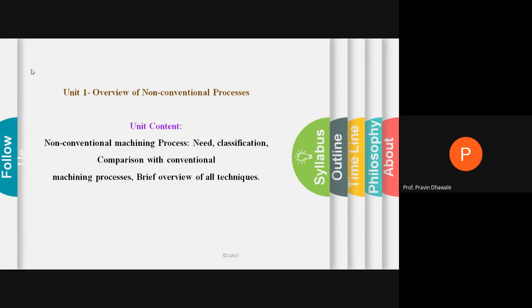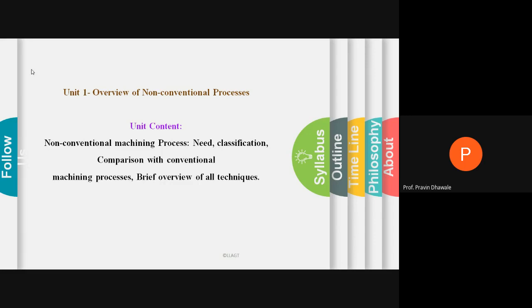Electrochemical machining, right? You might have studied the electrolysis process in 12th or in a previous subject like physics, whatever it may be. One more source of energy is thermal energy. Thermal is meant for heat. By using that heat energy, you can melt or vaporize the workpiece material.